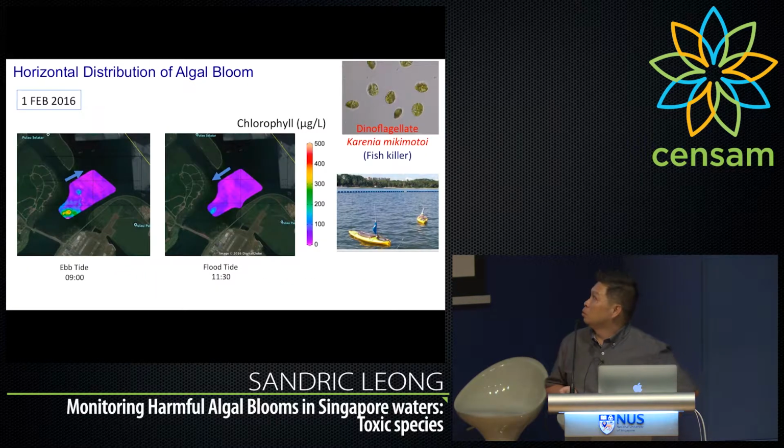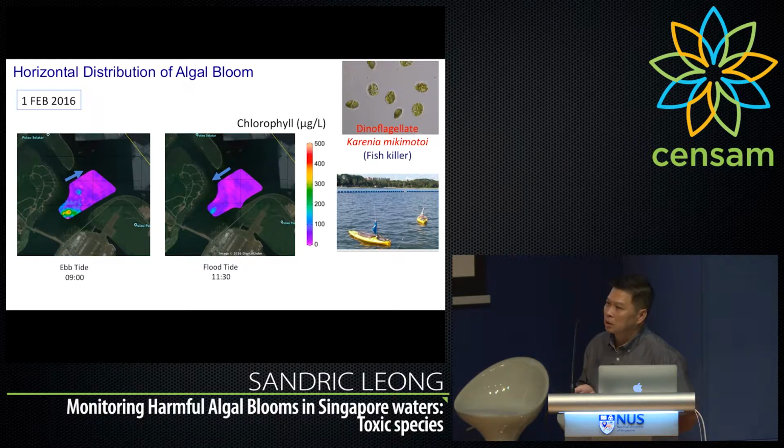First, I'd like to show some of the blooms which we mapped in early 2016. These were toxic dinoflagellate blooms which we found in a small bay near Sentosa Island.